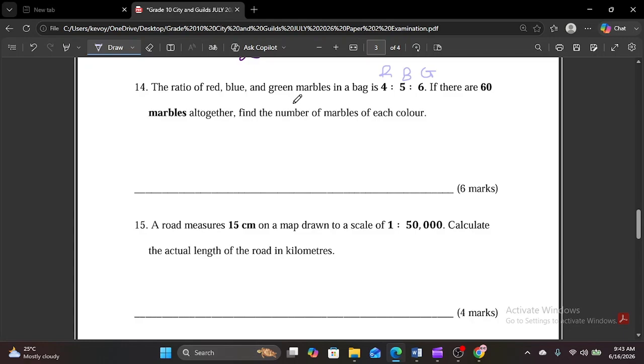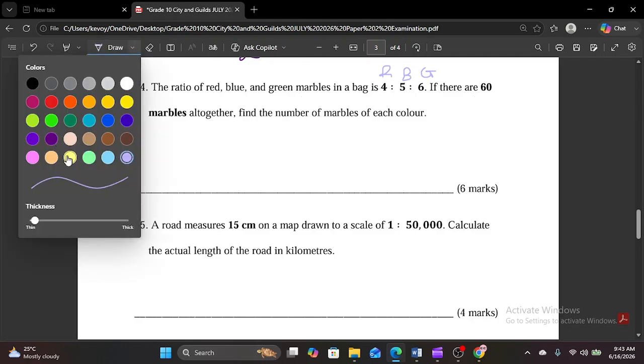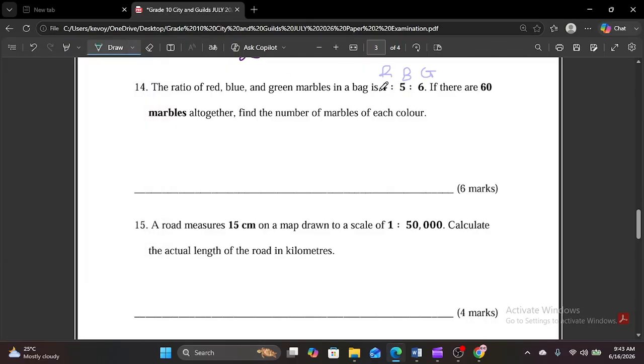All right. So the first thing that you're supposed to do whenever you're asked to divide numbers by any ratio is to add all the numbers in your ratio. So you're going to add 4 plus the 5 plus the 6.